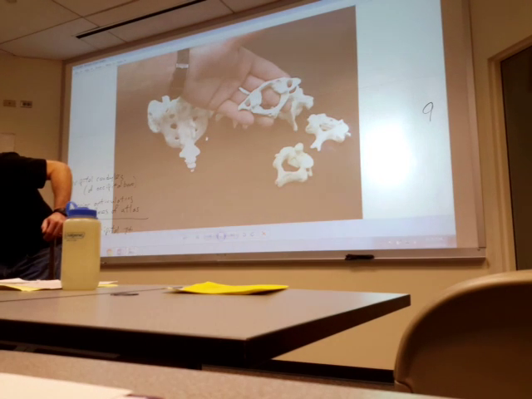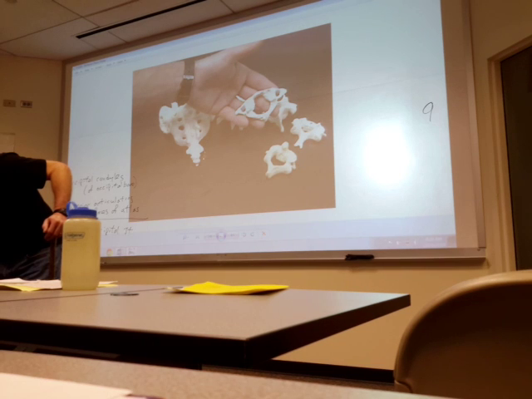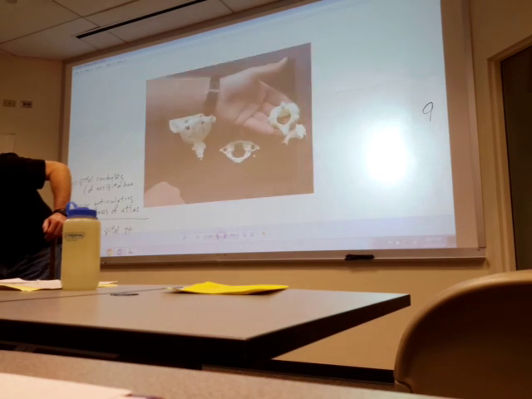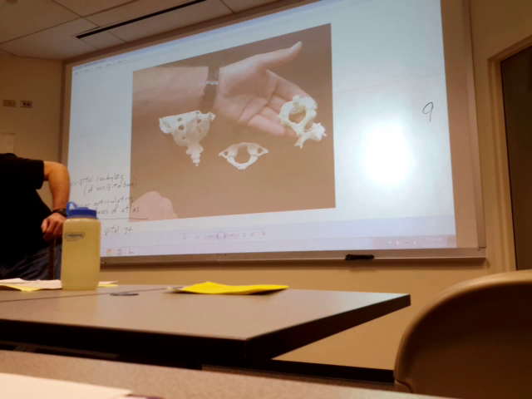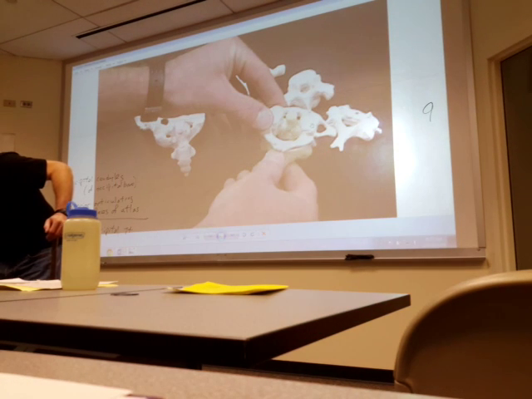There's just kind of a close-up of the atlas. The atlas and the axis. And that's how they look when they articulate and allow this movement.